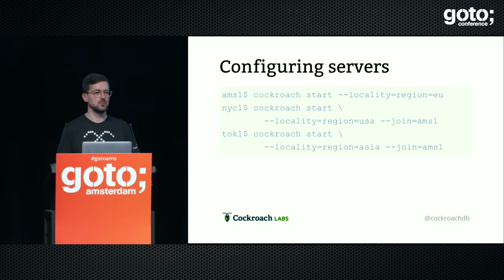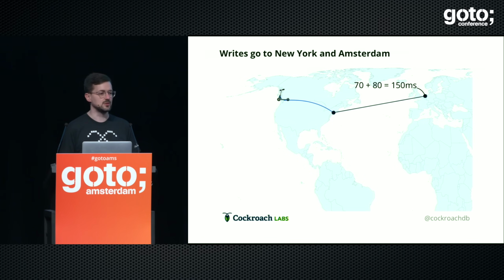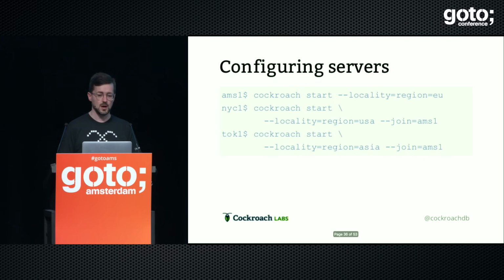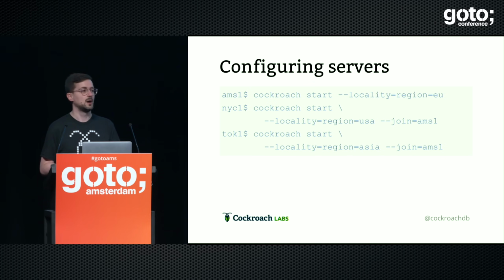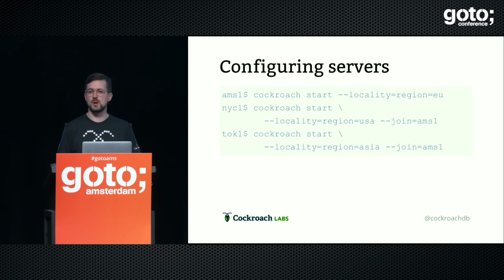So we want to get that down to something that can be done within the North American region. So the way we set this up is a 3-step process. First, you configure the servers. This is an abbreviated look at what it takes to start up a CockroachDB cluster. You can give each server a locality parameter, which tells the server where it fits in your data arrangement.